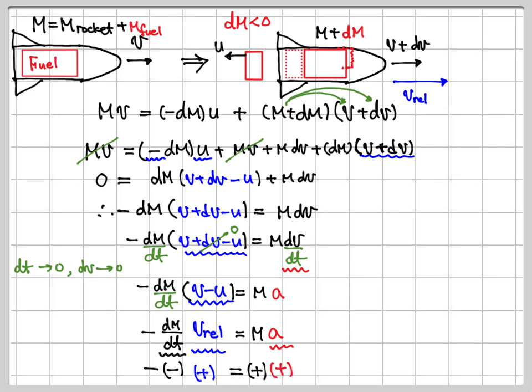The meaning of the first rocket equation is like this. The rocket loses the mass of the fuel. Instead, it gains acceleration.